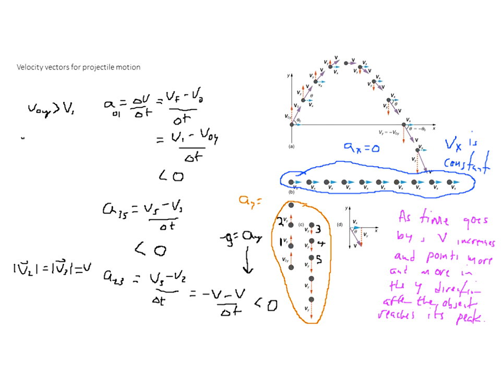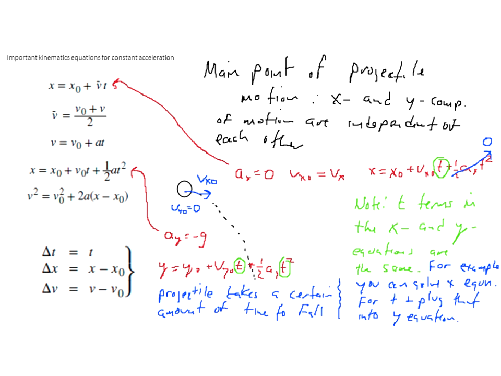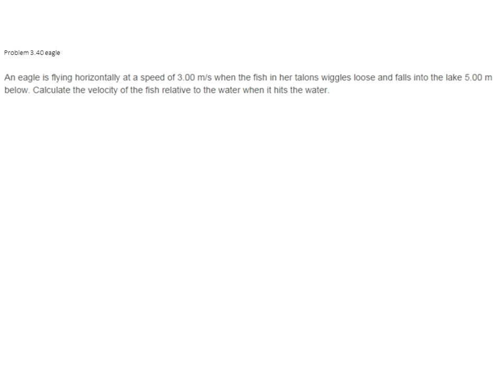And ay equals negative g. So these two accelerations don't influence each other at all. And that's what I meant back here when I say the x and the y components of the motion are independent of each other.